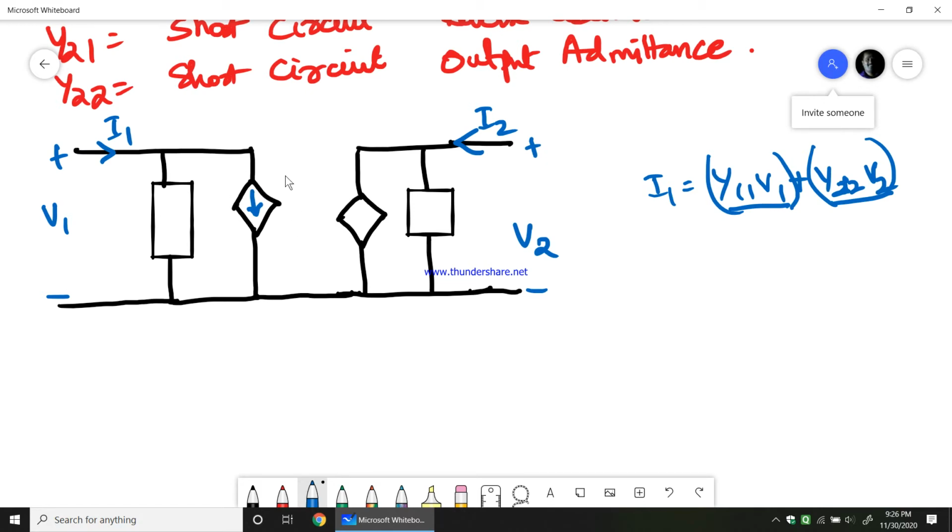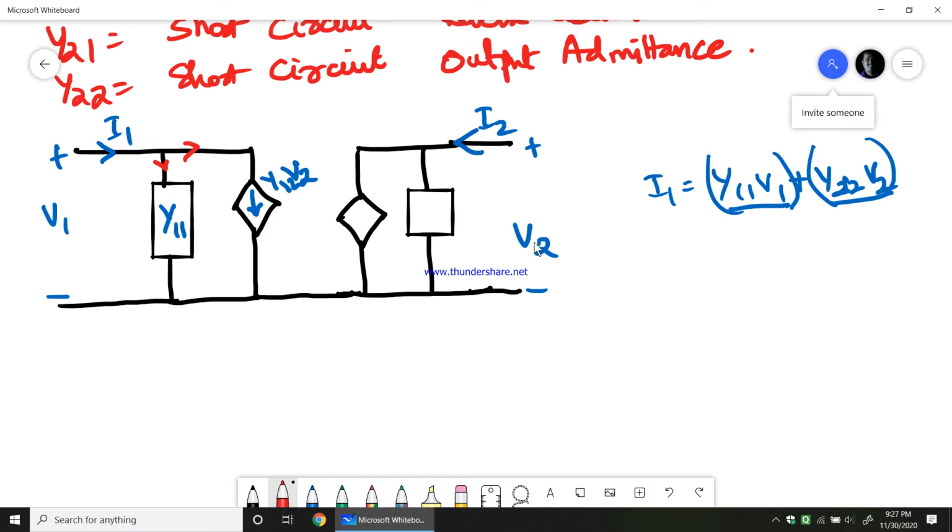This source depends on the output voltage with a constant Y12 admittance, whereas this would be Y11, because the voltage across Y11 is V1. So the current through Y11 is V1 into Y11, and the current through the dependent source is Y12 V2.